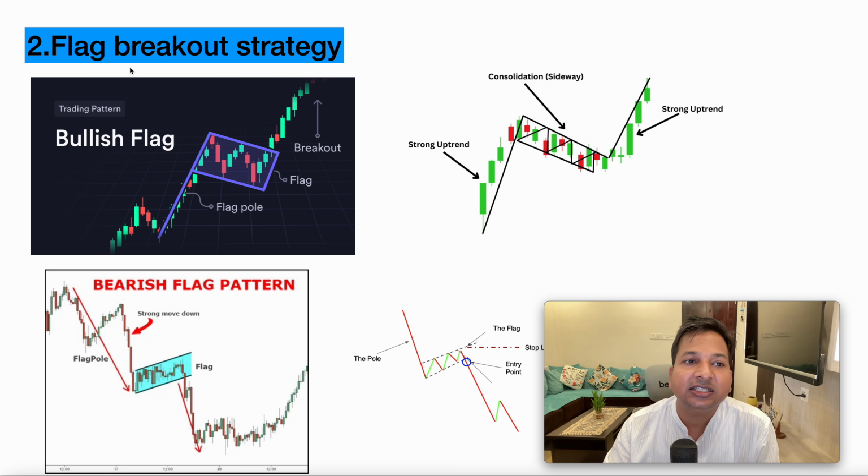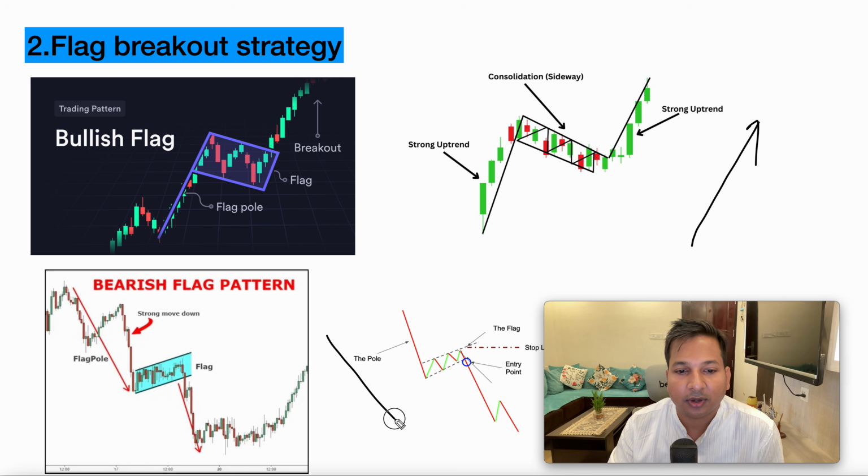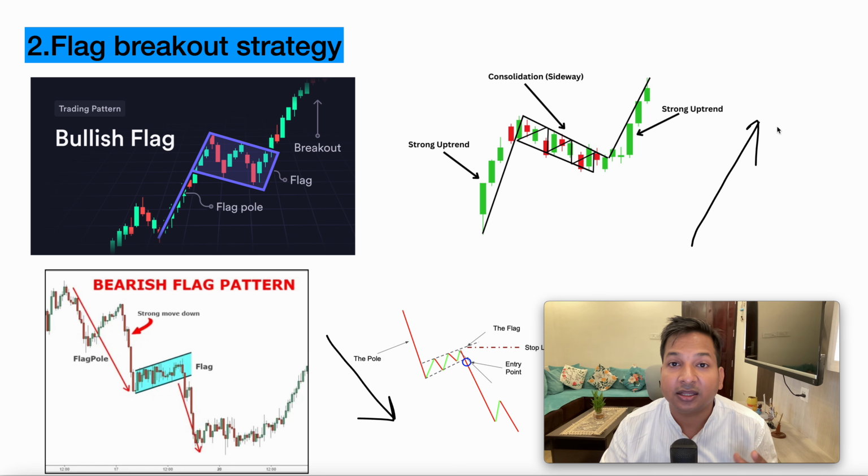The second strategy is the flag breakout strategy. What happens is, in intraday around 10:30, the stocks which have shown high momentum, either in the upside direction or in the downward direction, after some time the buyers will be tired, they will be afraid that their profit will go away, so some of the buyers will sell their position, and at the same time the sellers will also come into the picture, and they will also see the opportunity to sell the trend.